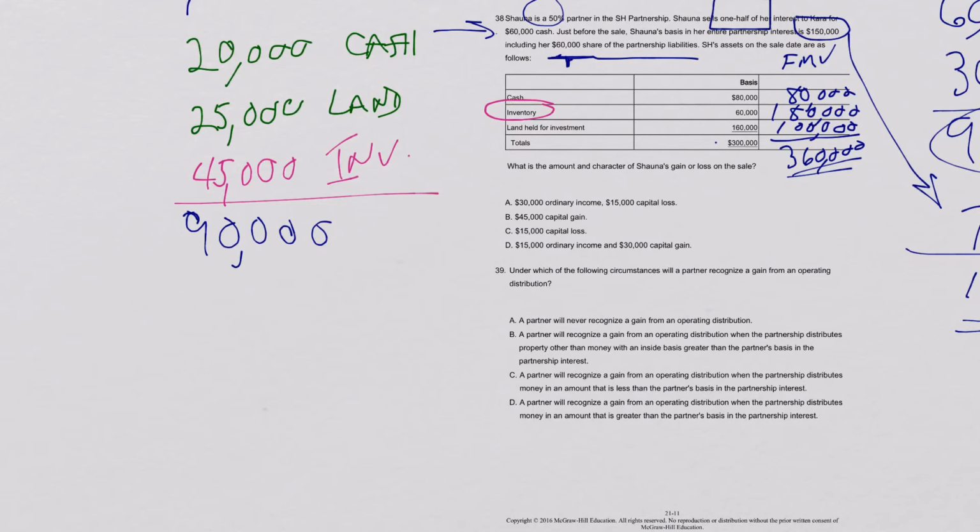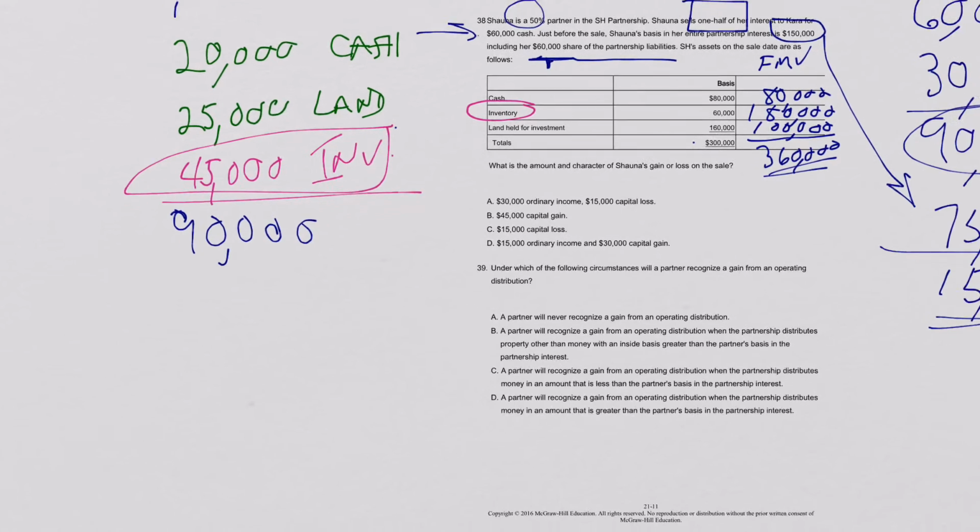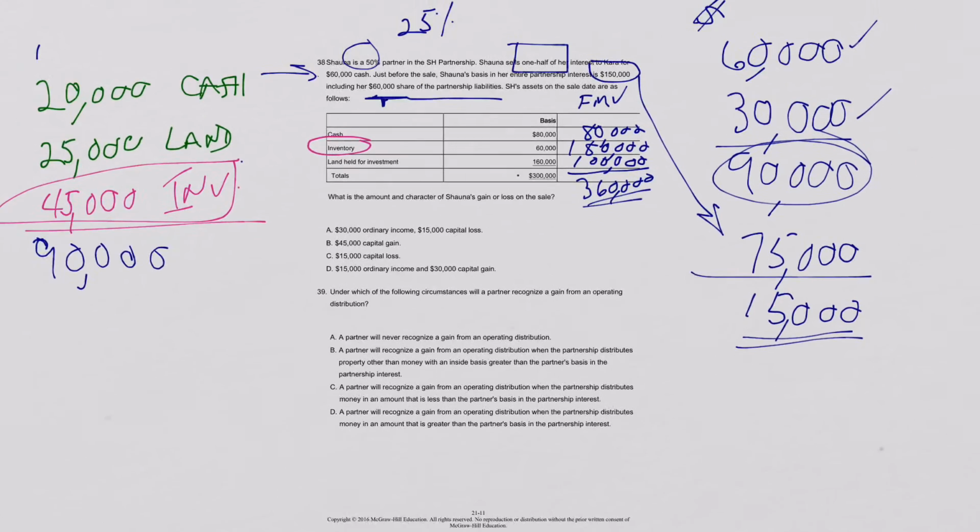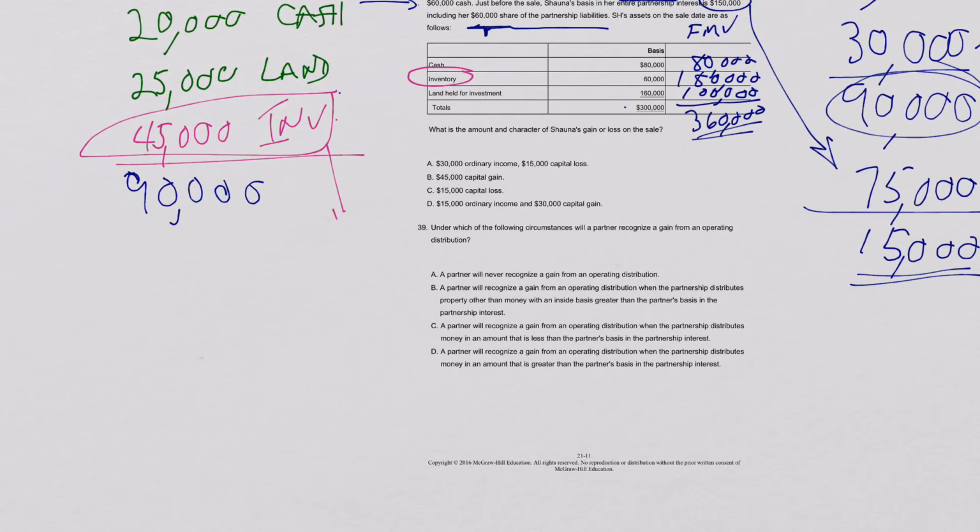Now, what kind of gain does she have? That's what we want to know. She has a $15,000 gain overall, but she's got to recognize the ordinary income portion of the hot asset, and what she sold was worth 45. It has a basis of 60 times 25%. 60 times 25% is 15.